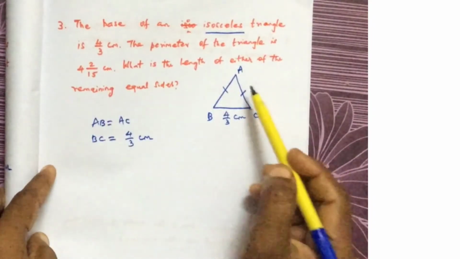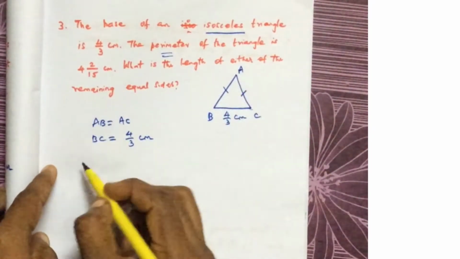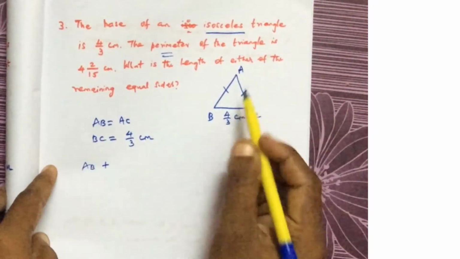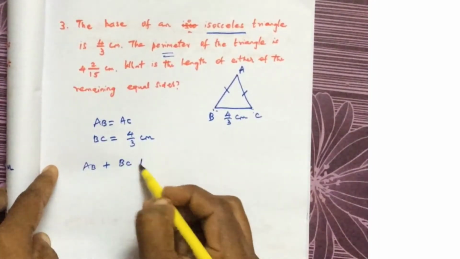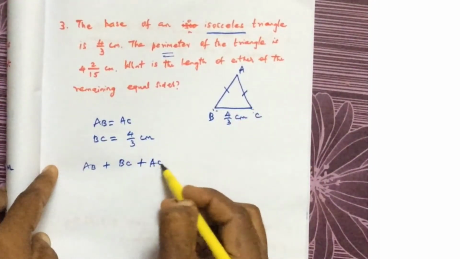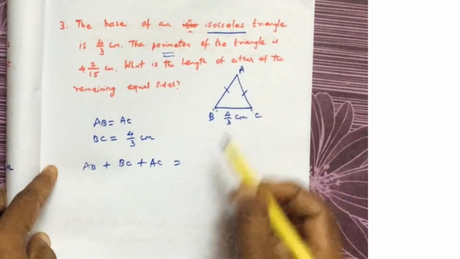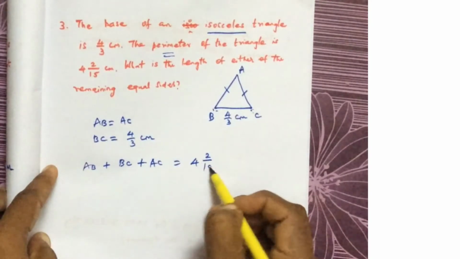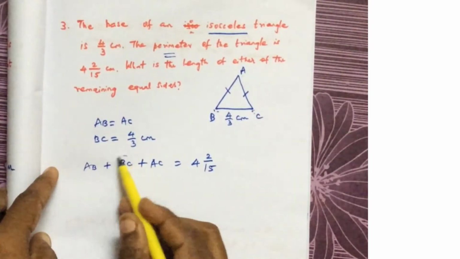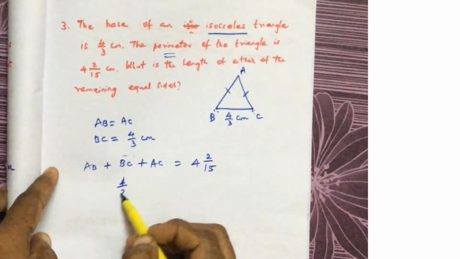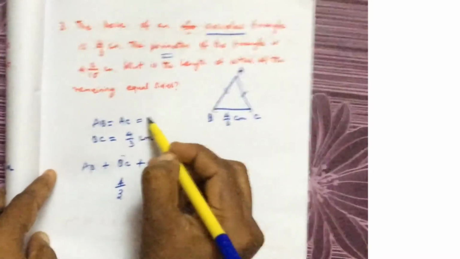Perimeter is the outer length, so if you add AB plus BC plus AC, either you can put CA, if you add the length of these 3 lines, you will get 4 2 by 15. Out of this, you know BC is 4 by 3. Let me take AB and AC as X.